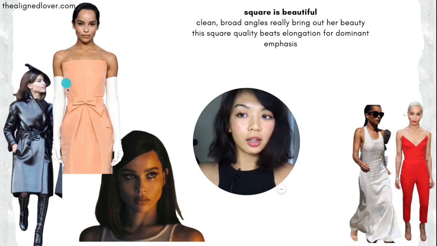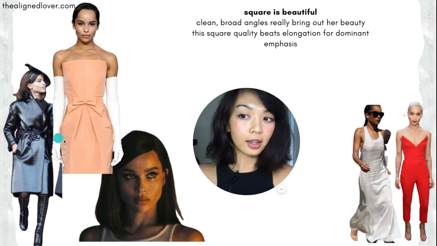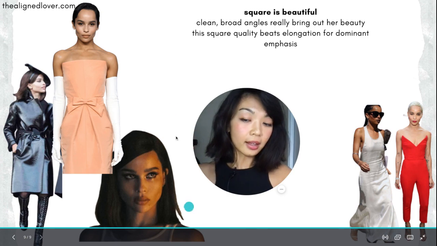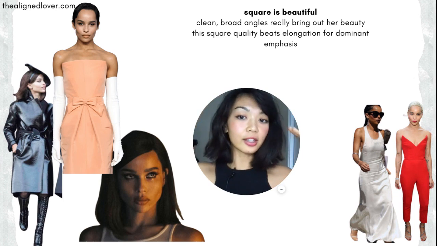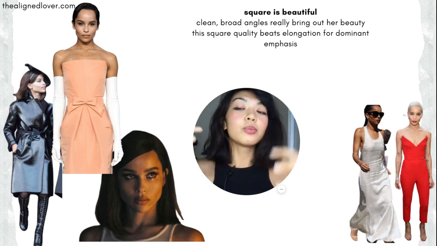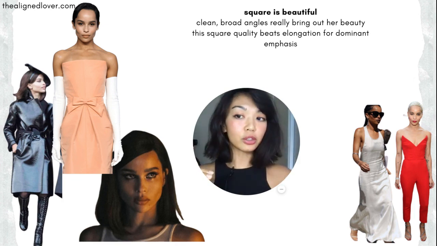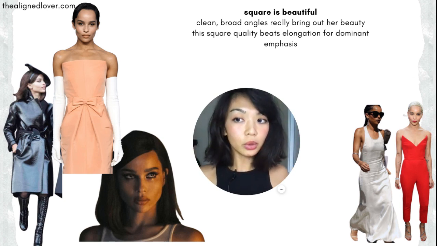See, when she wears kind of square shapes, whether it's on a strapless dress or in a coat or showing through a neckline of a simple tank top and perhaps the cut of a hairstyle that has that gorgeous kind of wide, broad angularity, it just brings out the beauty of her face, of her shoulders, of the tapering of her torso, of the different ratios of her top and bottom half. It's really beautiful on her.